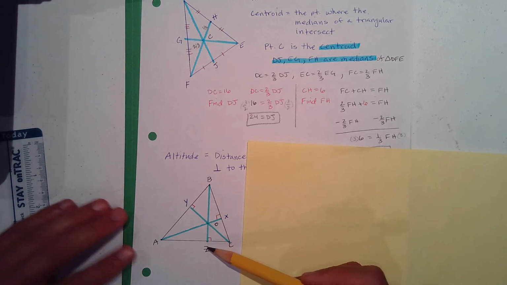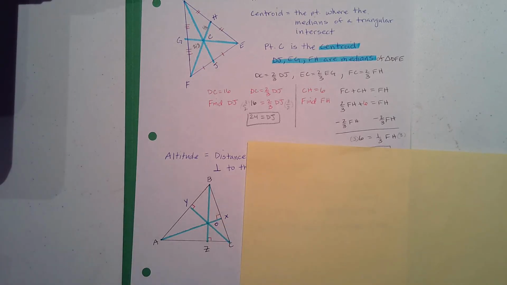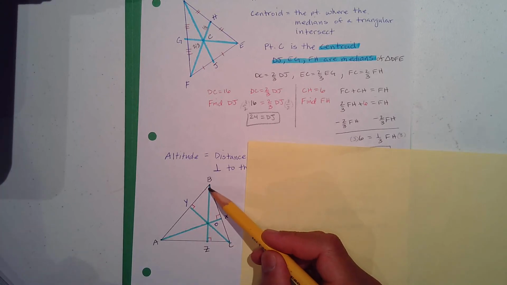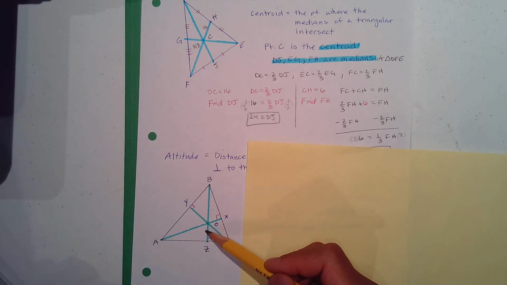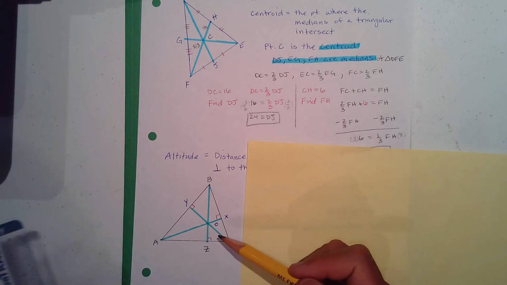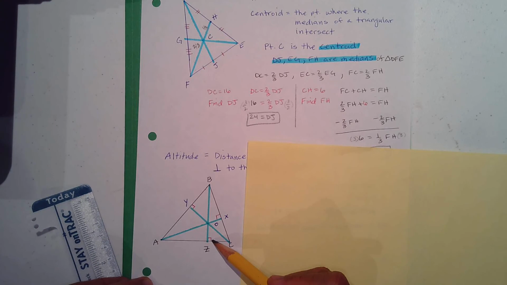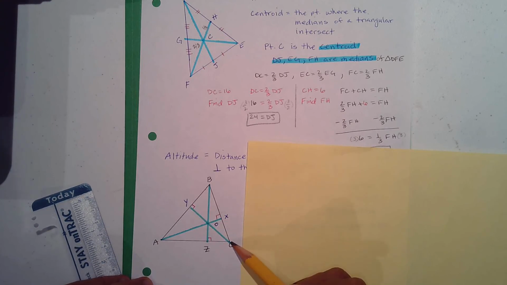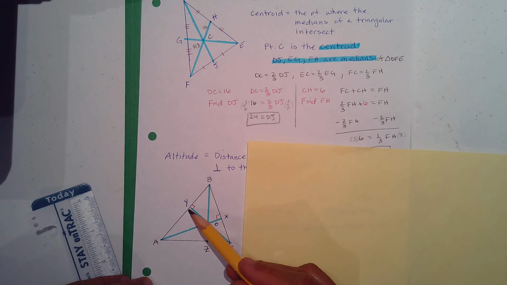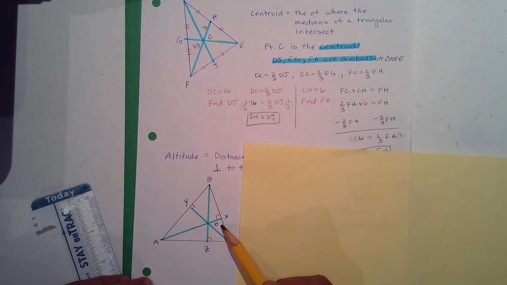BZ is an altitude because it runs from the vertex perpendicular to the opposite side. So BZ is an altitude, makes 90 degrees. CY is an altitude from the vertex perpendicular to the opposite side, and AX is another altitude perpendicular to the opposite side.